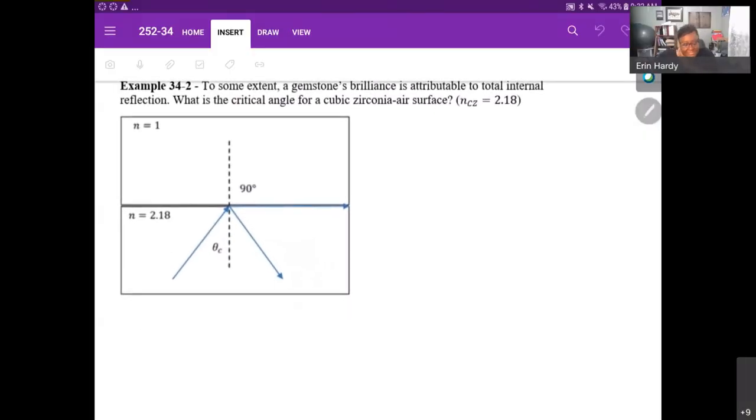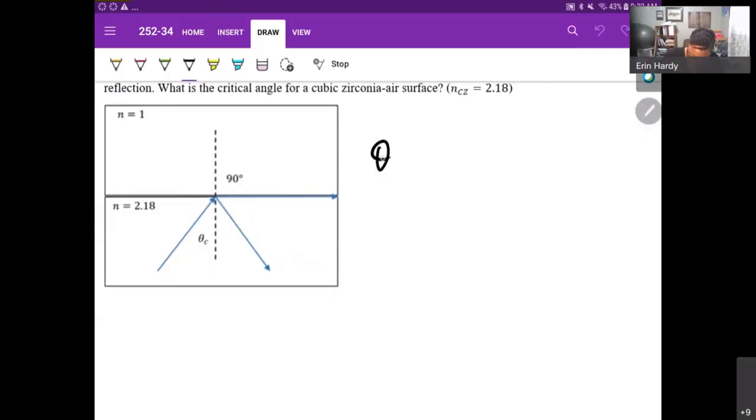So we've got our material, 2.18, and then n is equal to 1, so that we can find our critical angle. This is going to be the inverse sine of 1 over 2.18. To maintain sig figs, I'm going to keep us at 3 here.